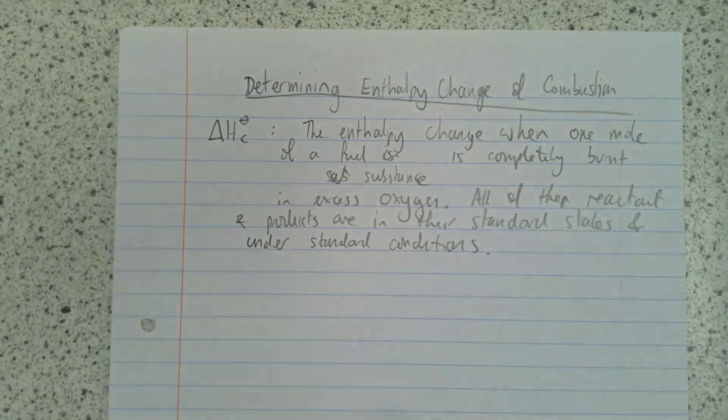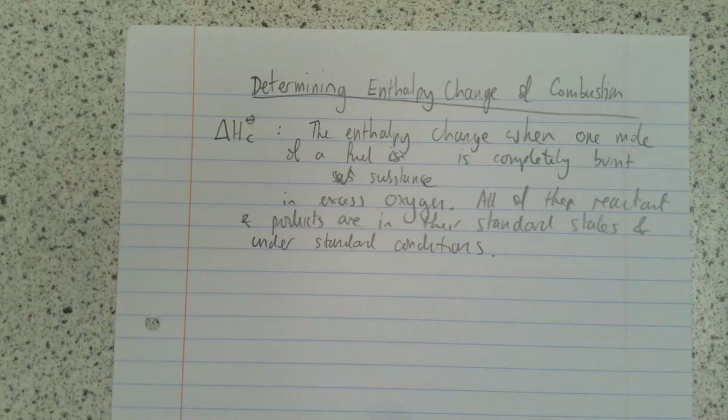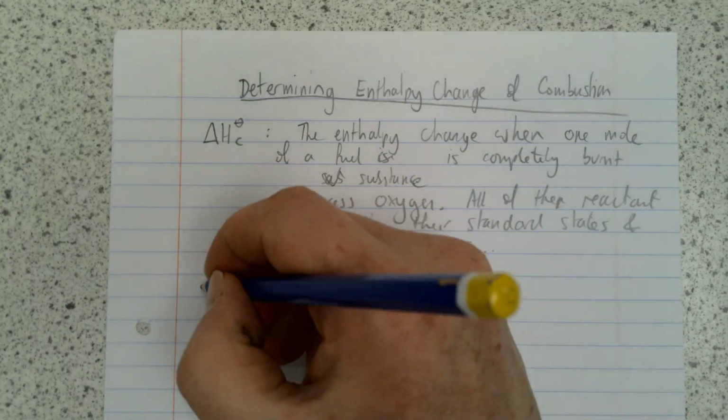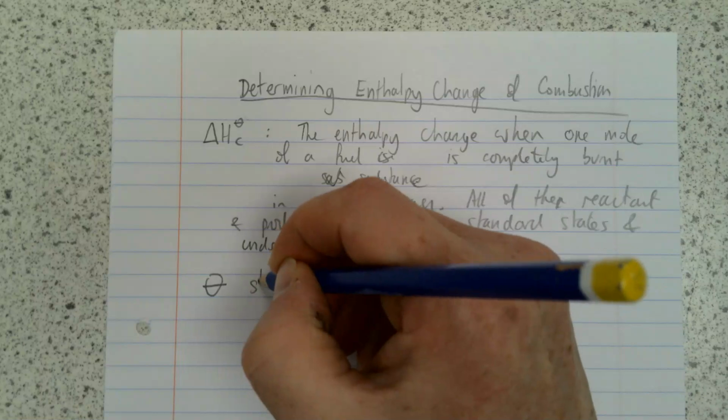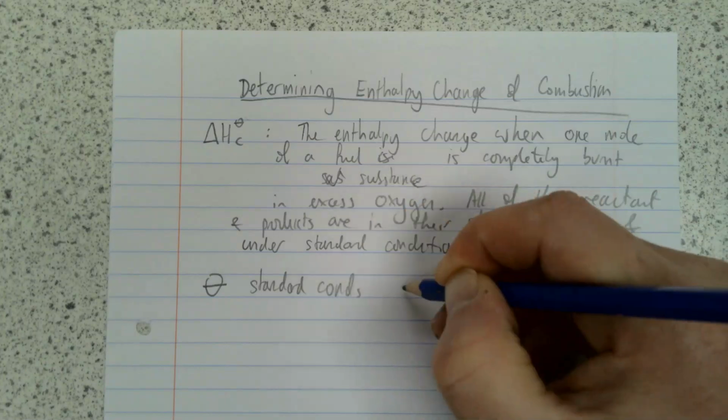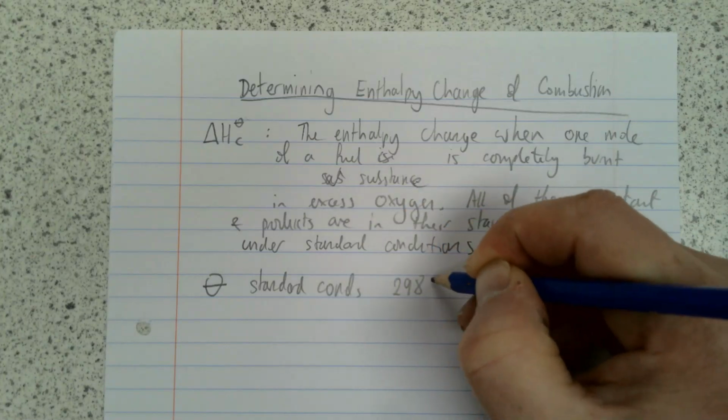It's a meaty old definition that you're going to have to learn, but you'll start to realise all the definitions we need to learn for energetics topics, standard level and high level, have lots of similarities. But that symbol there refers to standard conditions. And that means 298 Kelvin.